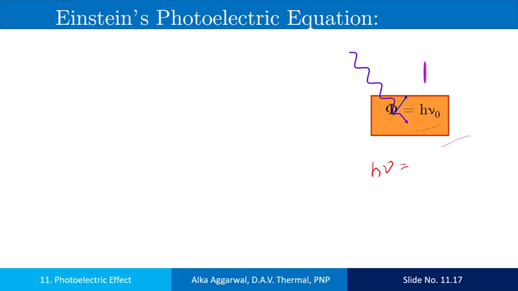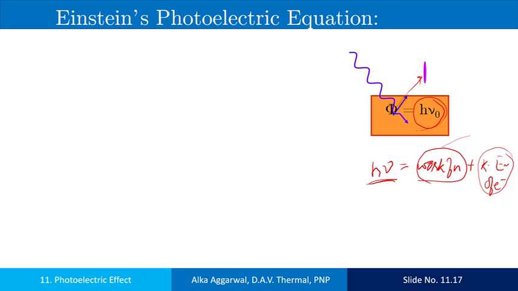It is absorbed by the metal, and the energy absorbed by the metal is equal to the work function of metal, and rest of the energy is given to the electron in the form of its kinetic energy. So the energy of the photon is equal to the work function of the metal and the kinetic energy of the electron.